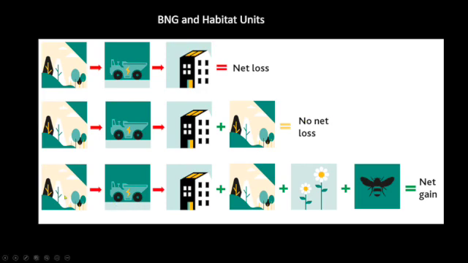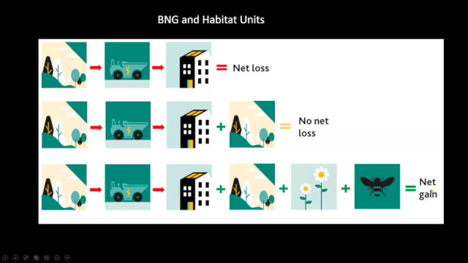However, net gain then is you're doing that same process, but you're having to do more. You're having to put back what you've impacted and then some. So that'll be improved quality, improved structure, increased area, and that's where we get into a process of net gain.